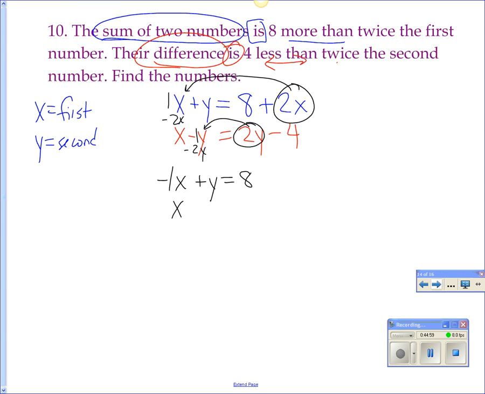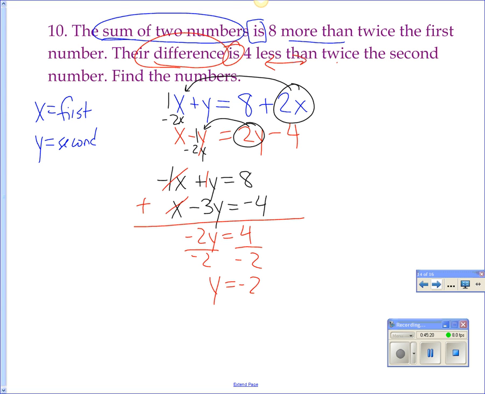Those are both negative, so that's negative 3y equals negative 4. The good news is, what happens? X's cancel, so I'm left with negative 2y equals 4. So y is negative 2. Y is negative 2.